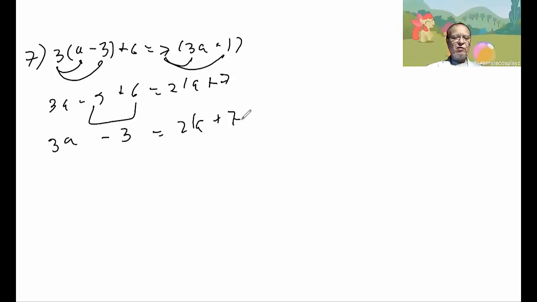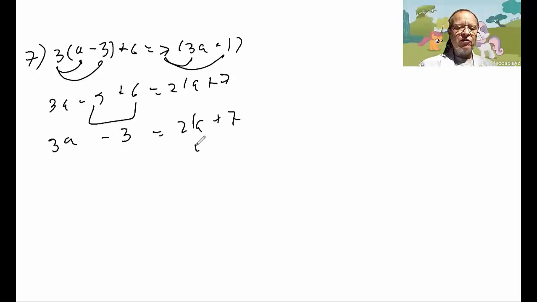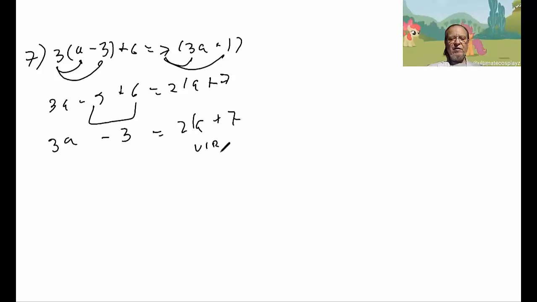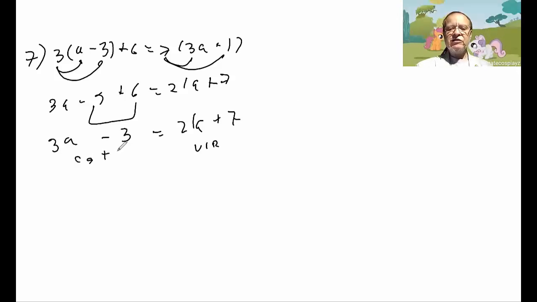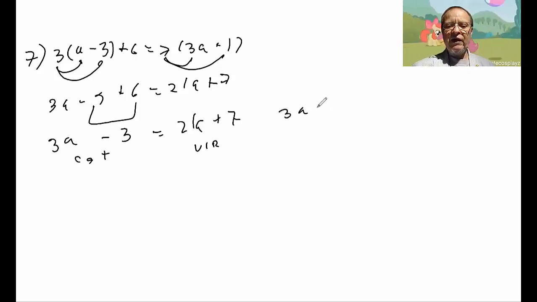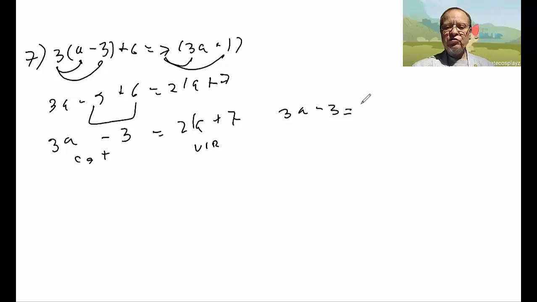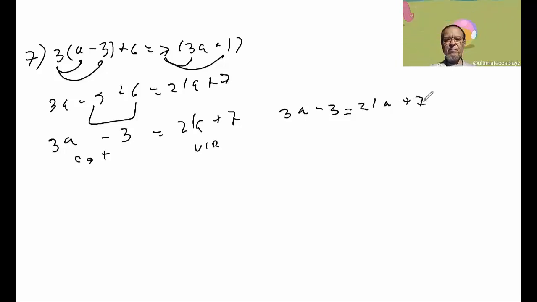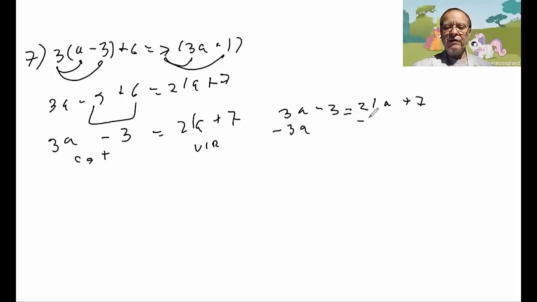And again, I'm going to make this side the side of the variables so that I will have it positive, and I'll make this side the side for the constants. So I have 3a minus 3 is equal to 21a plus 7, and minus 3a, minus 3a.